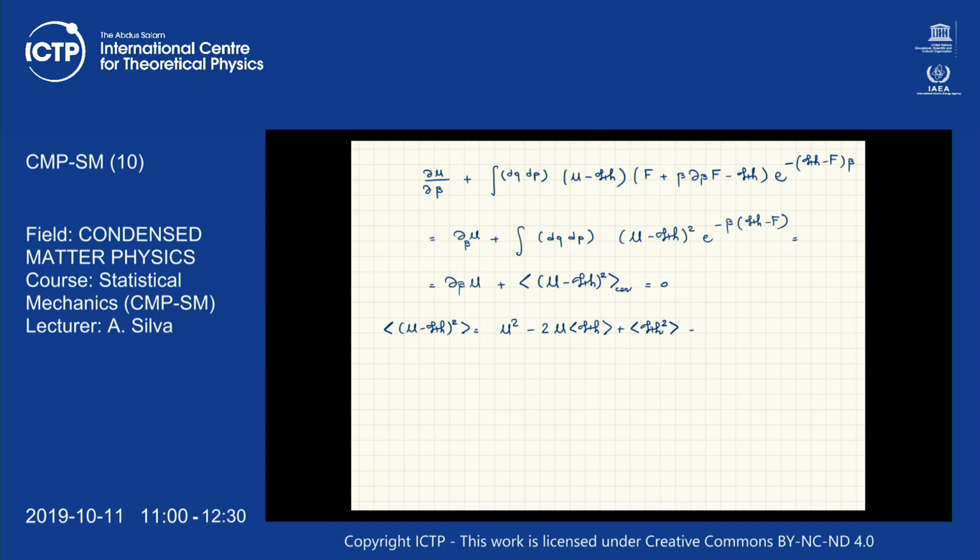So this is equal to, now if you remember that U is just the average of h, then this is equal to the average of h squared minus the average of h, squared.